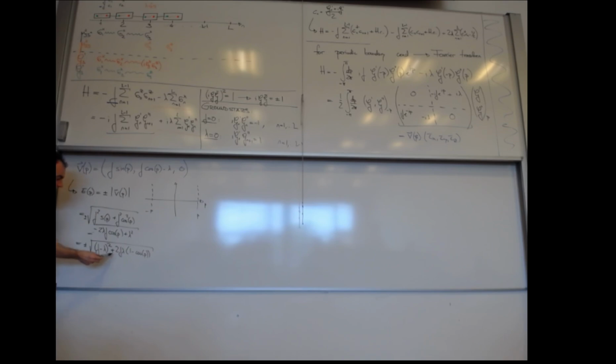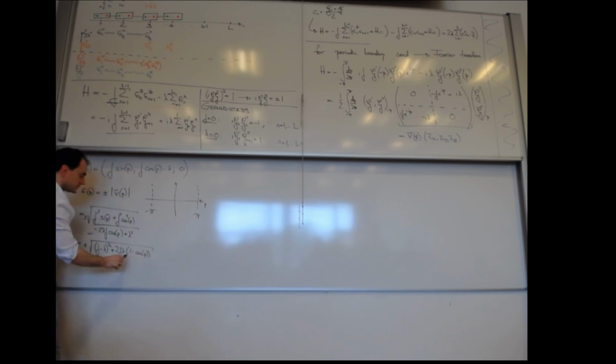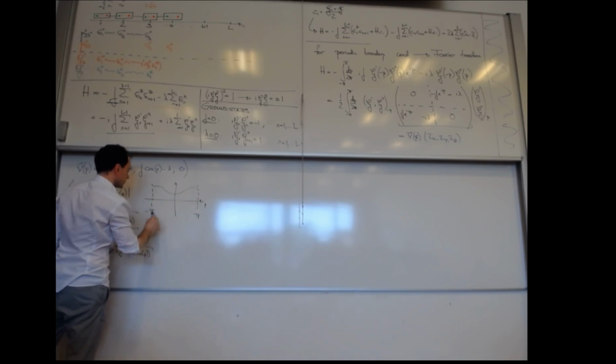You see this is positive, this is positive. When p is 0, this term is absent, so this is the lowest point that you have in your dispersion relation. And when p equals pi, this here is maximal, and then the energy is maximal. So the energy looks like this.